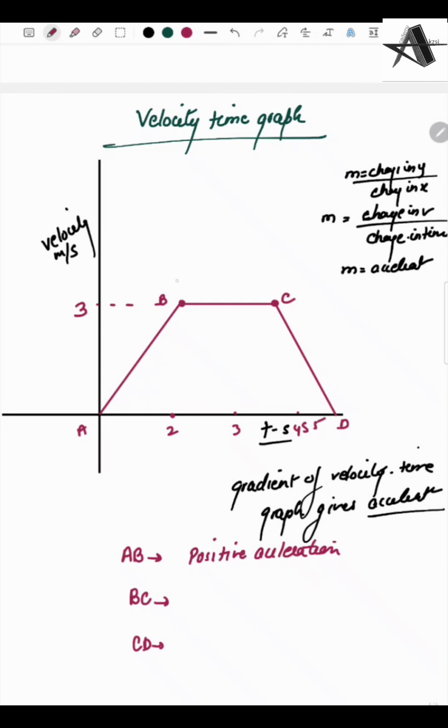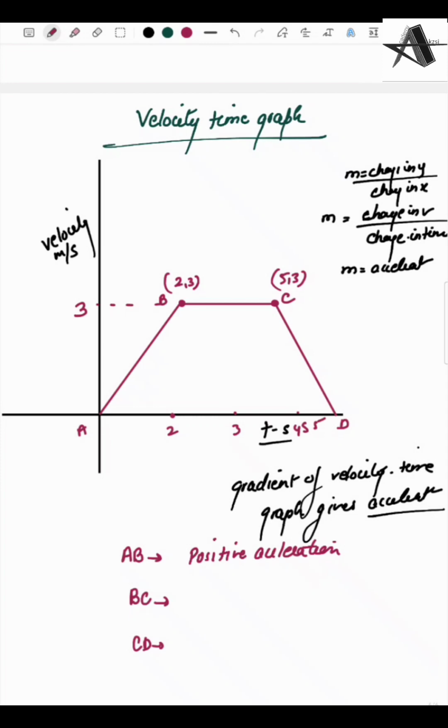So if I take this point, this will be 2 comma 3. If I take this point, this will be 5 comma 3. X is changing, time is changing, but what's constant? Your velocity is constant. If velocity is constant, can I say it's stationary?